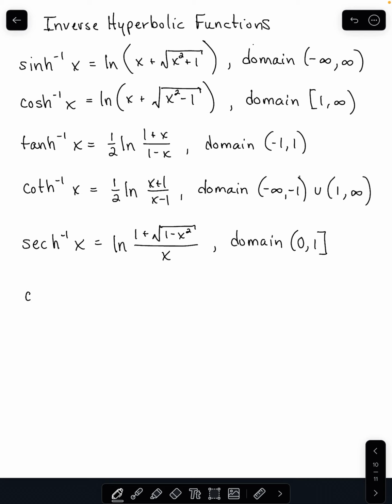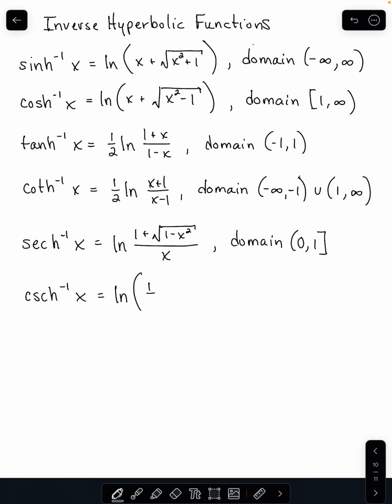And lastly, inverse hyperbolic cosecant, which is going to have, again, a very similar formula to what we saw for inverse hyperbolic secant, with some minor changes.